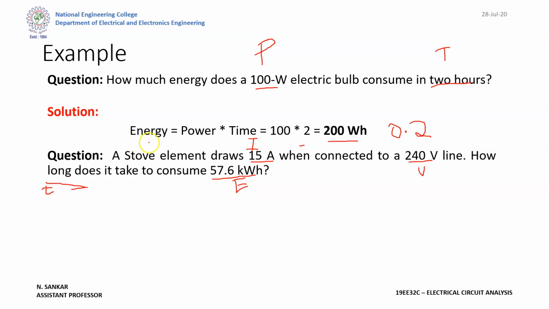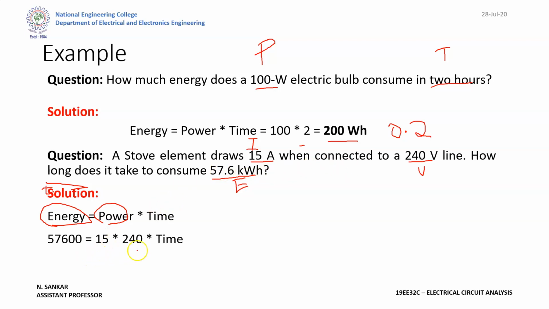Energy is equal to power into time. Power can be represented in terms of voltage into current. Energy is already given as 57.6 kilowatt hour. So just replace energy with 57.6 kilo and power with voltage into current, that is 240 into 15. Time you have to find. Instead of kilo, I can represent it in terms of watt hour, so 57,600.